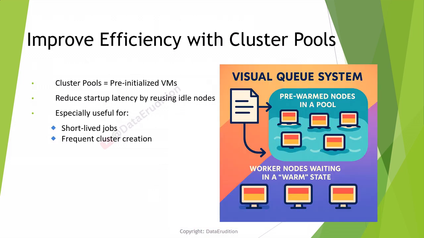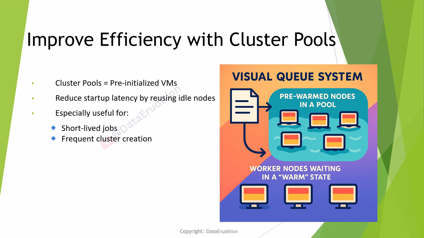Okay, now we are going to talk about the cluster pool, which improves efficiency. If you are running a job every few minutes or spinning up clusters frequently, pools cut down on wait time and improve throughput time. That means if you are running a job with 10 activities in parallel and your job is configured with an interactive cluster, then each activity will start a cluster, which will take some time to start before you can use it within your job.